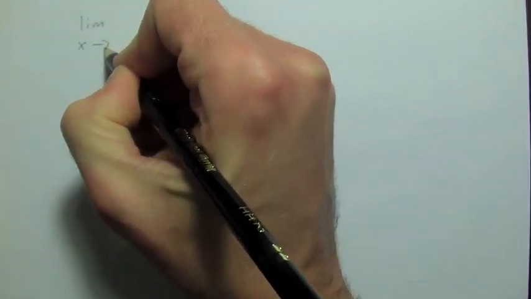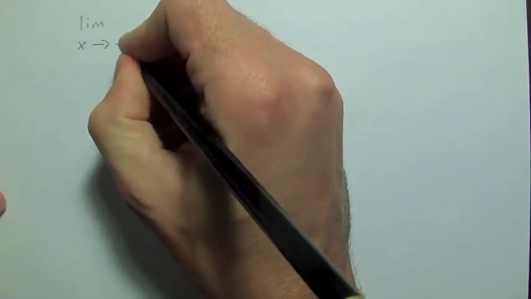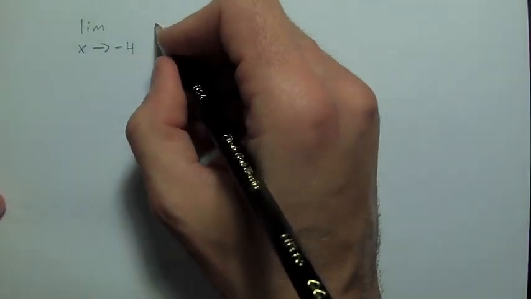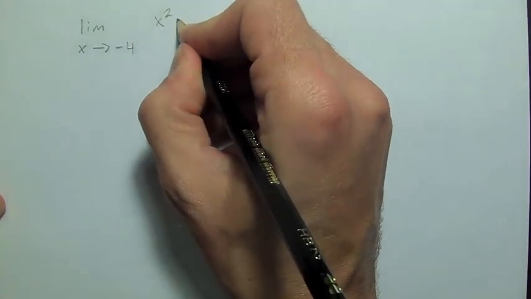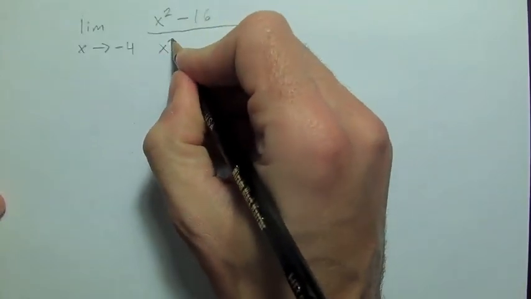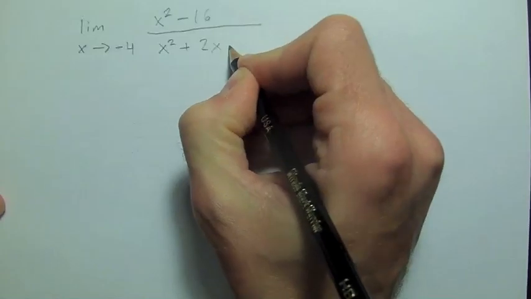Let's look at the limit as x goes to negative 4, there we go, there's another value there, of x squared minus 16 all over x squared plus 2x minus 8.